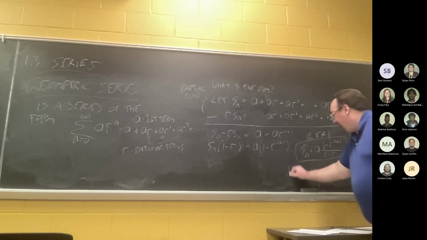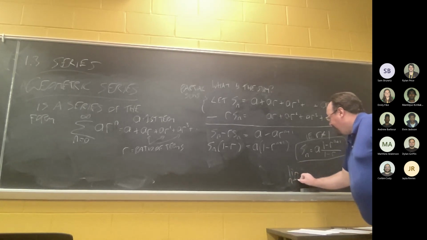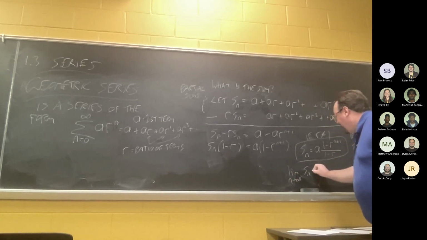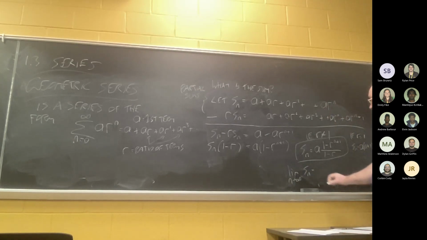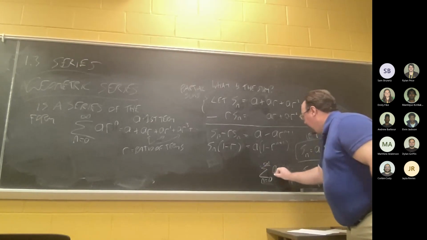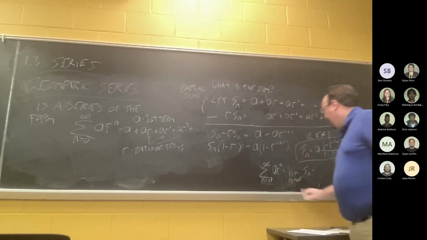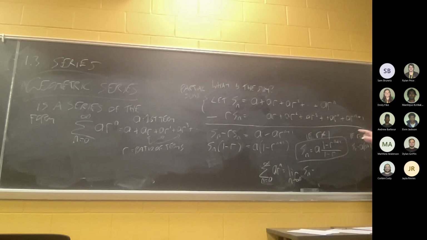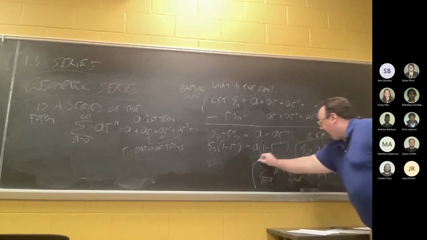So what we can say is that the limit as n goes to infinity of Sn, which is also the sum of the whole series, is equal to, if R is strictly less than 1 in magnitude, this part here will go to 0, and then we just have what's left: A over 1 minus R, if the absolute value of R is less than 1.